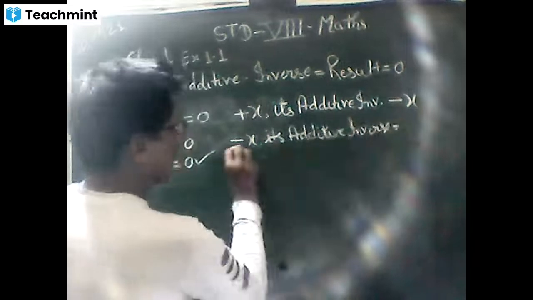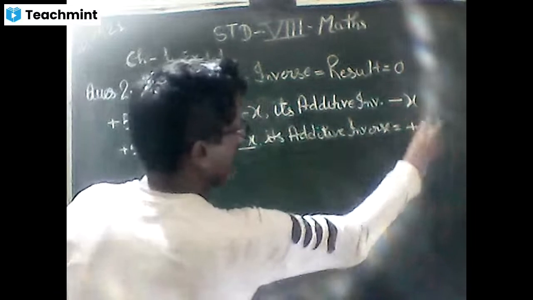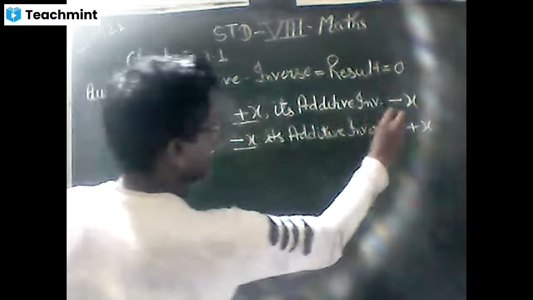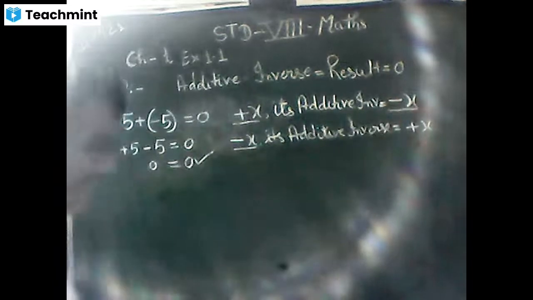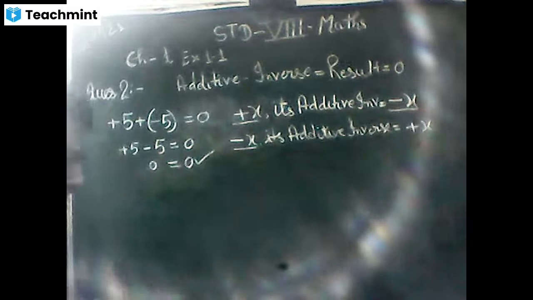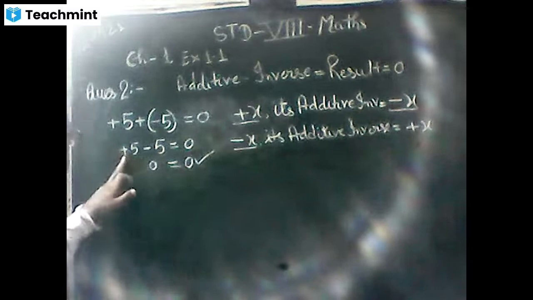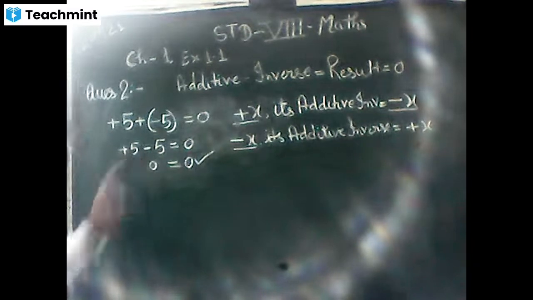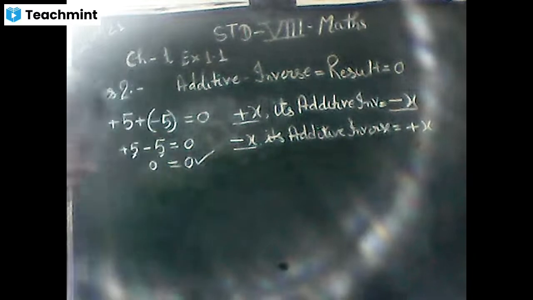If our number is negative x, its additive inverse is positive x. If our number is positive x, its additive inverse is negative x. We have to learn this. If we add two numbers where one is positive and one is negative with the same value, they are read as additive inverses.